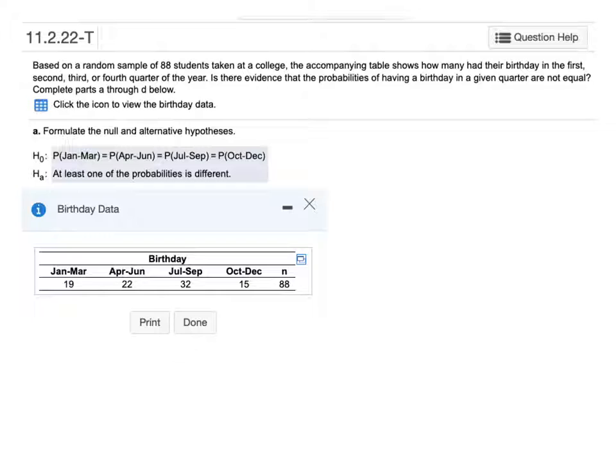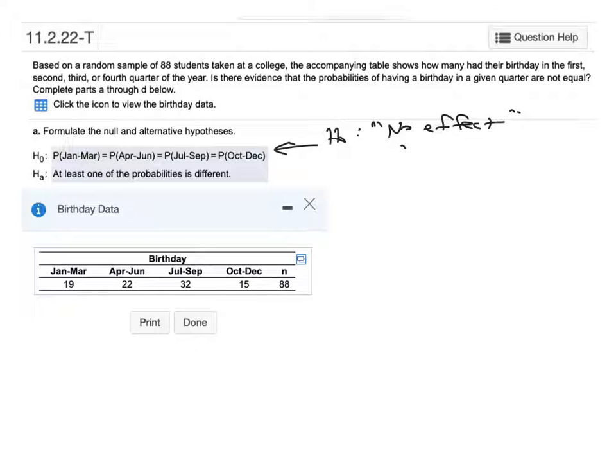So our null hypothesis is always the hypothesis of no effect. That would mean there's nothing special about one quarter of the year versus another in terms of when people have birthdays. So H0 is, we can think of it as, no effect of whatever we're talking about.